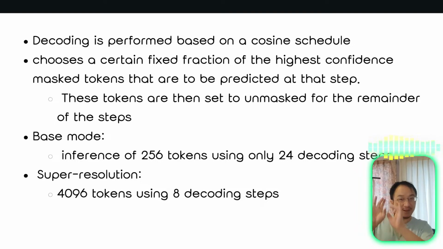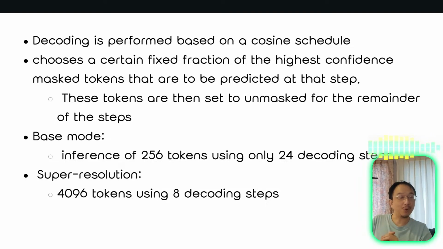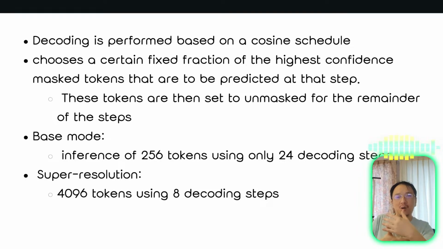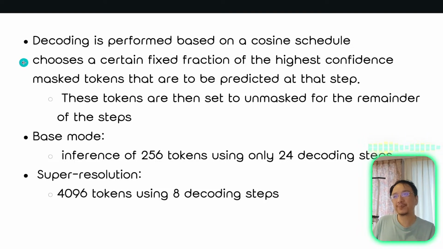We already know that if we do it in an autoregressive way, it should just work. It is not autoregressive, and it only had 24 steps, but because it has a cosine schedule, it should just work.